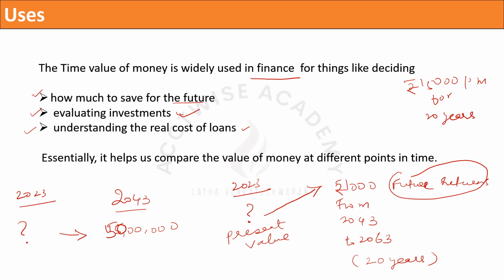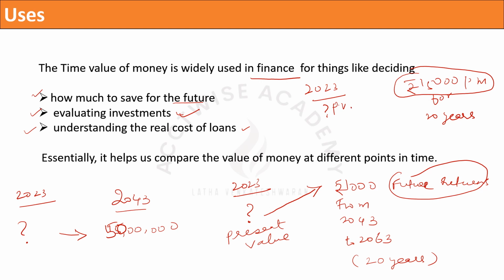How much money am I eligible to get today, so that I can pay 15,000 per month? So, the present value of future loan payments. These are the future loan payments. For that I need to find out the present value. PV is present value.